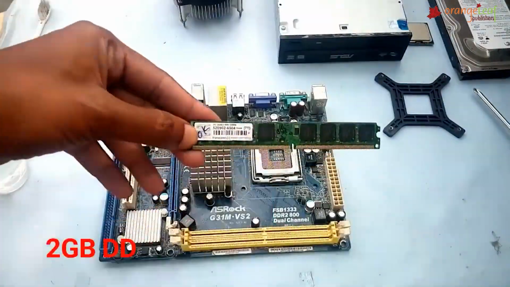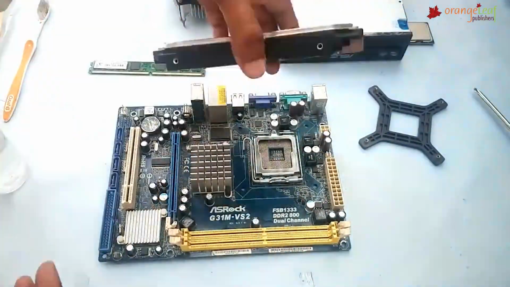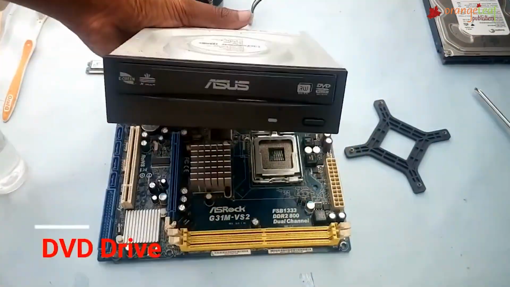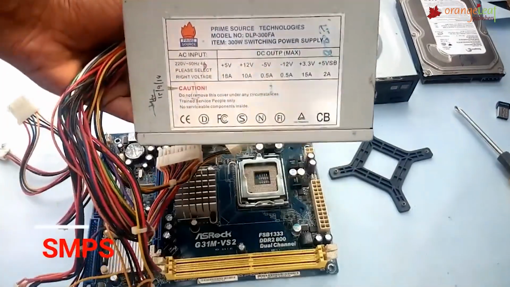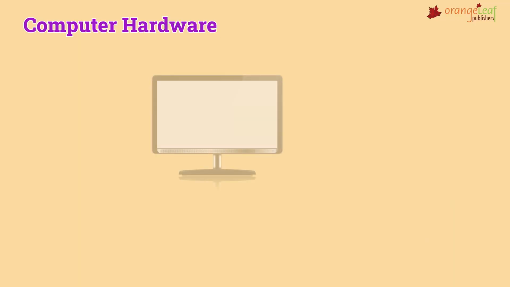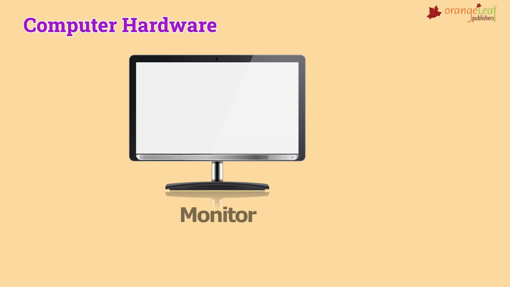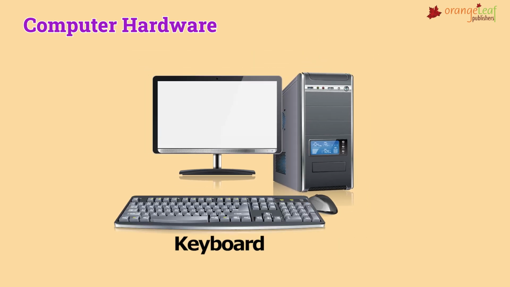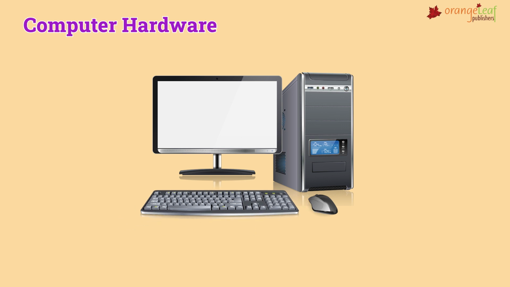Computer hardware. The parts of a computer that we can see and touch are its hardware. These are the parts that are electrical, mechanical, and electronic. The things that we can see, like monitors, CPUs, mouse, and keyboards, are parts of the hardware.